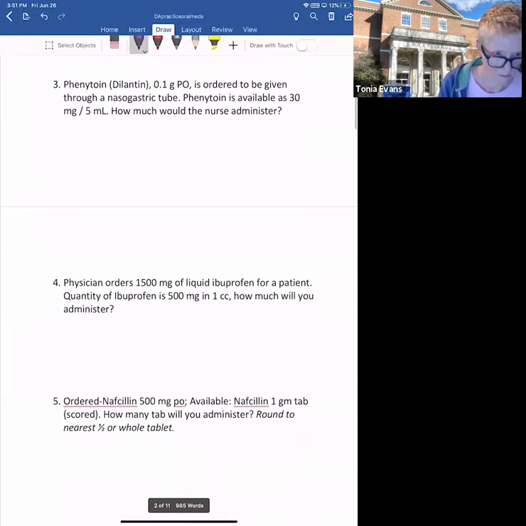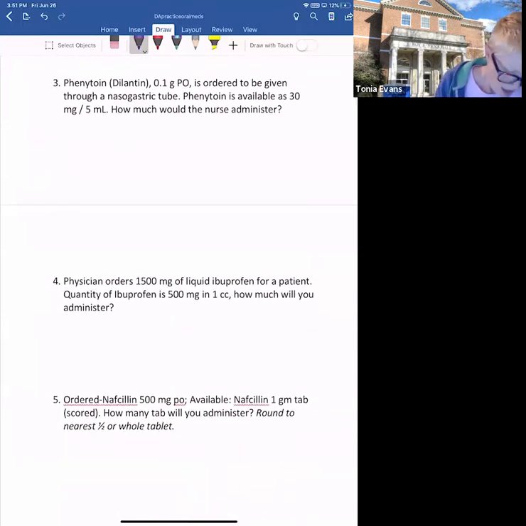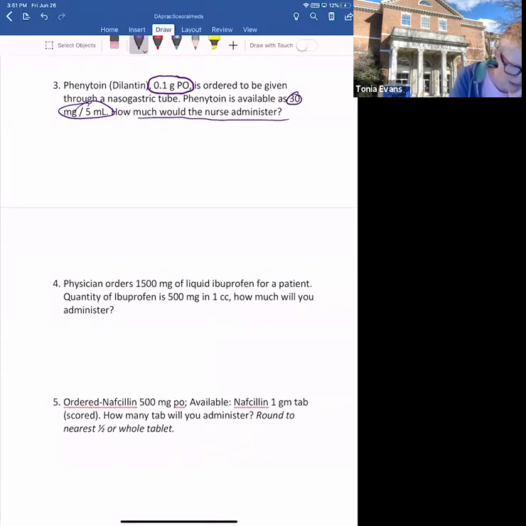Okay. All right, so we have phenytoin. Let's see, 0.1 gram is ordered. We have 30 milligrams in 5, and how much are we going to administer? So I see that I've got milliliters, so my answer is going to be in milliliters per dose. So that's step one, is how much would we administer?